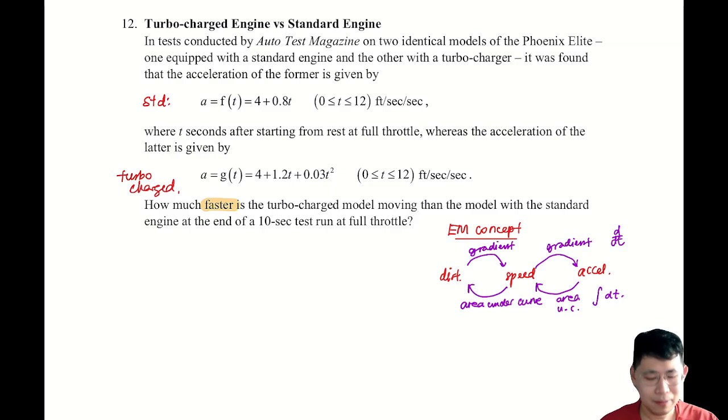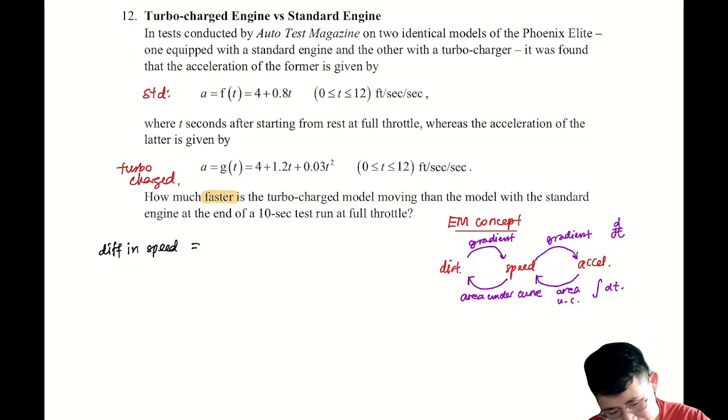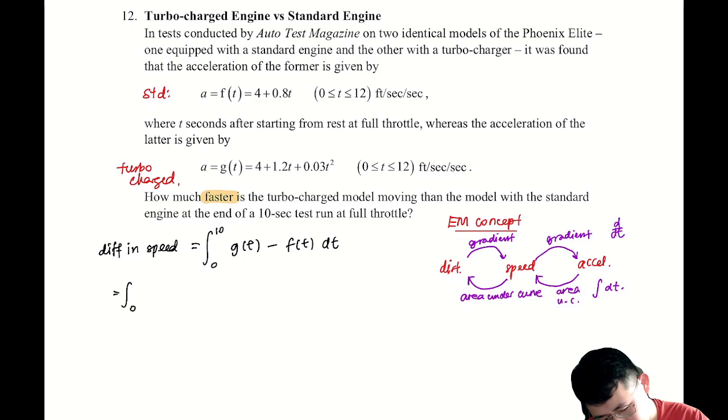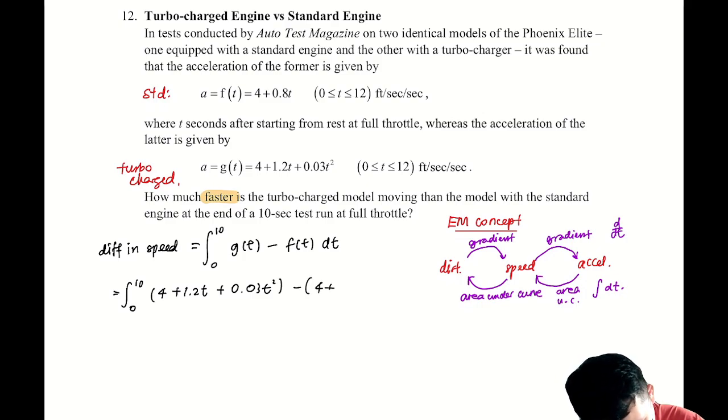Let's integrate from 0 to 10 seconds, because it's a 10-second test, of g(t), the function for the turbocharged one, minus the standard one. So from 0 to 10 of (4 + 1.2t + 0.03t²) minus (4 + 0.8t) dt.